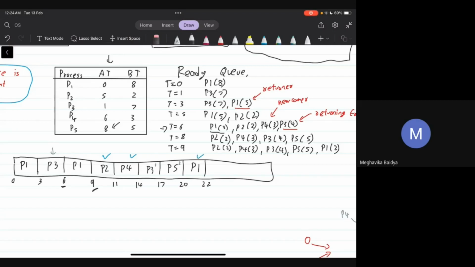Now only P3 and P5 are left. We take P3 again, and it has only 1, so 23, and P3 is done. Then the last one, P5, has only 2, so 23 plus 2 is 25, and this is also done. That is round robin.